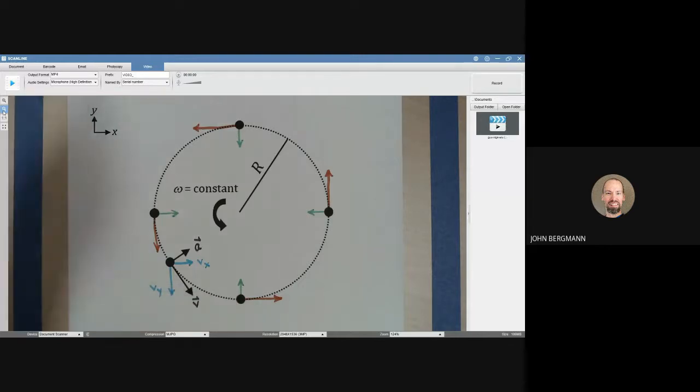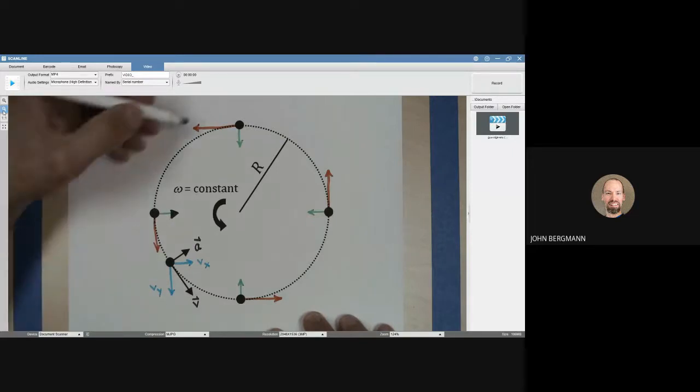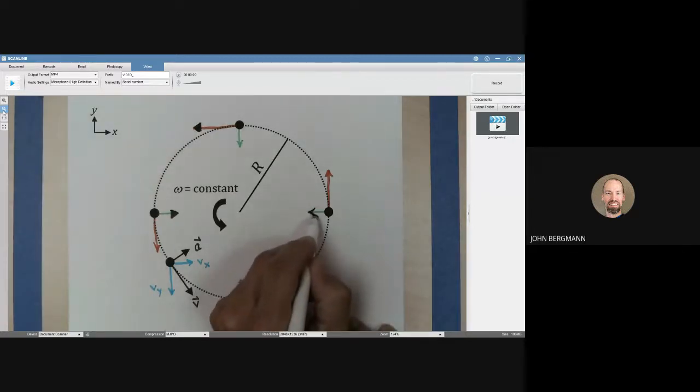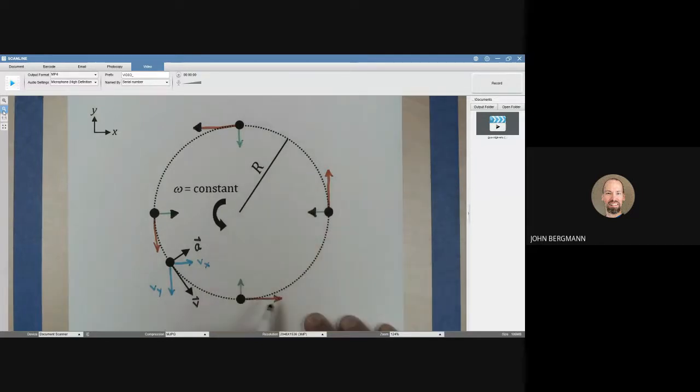If I were to accentuate the x values, that's an x acceleration on the left. Here at point north, there is an x velocity. Over here in point east, that is an x acceleration. And right here is an x velocity.